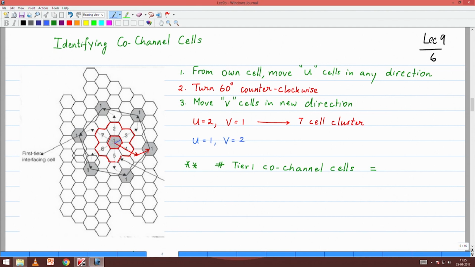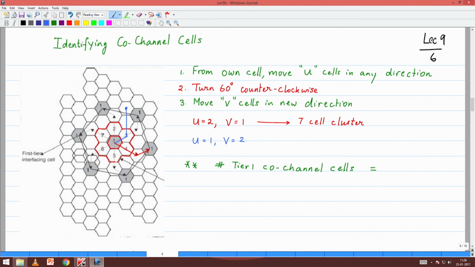From here, u equal to 1 means you move one cell, then rotate counterclockwise 60 degrees and move 2 cells. If you use that shift, it will come there. Notice that, and now you have to repeat it for all the sides.